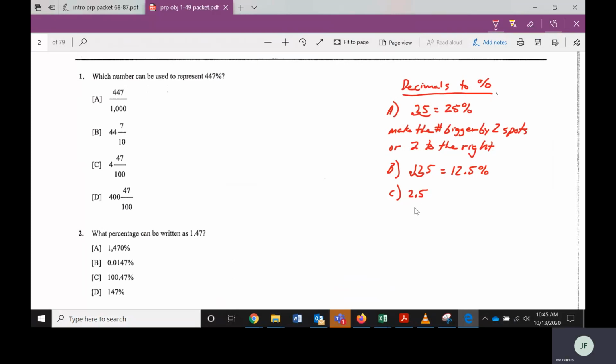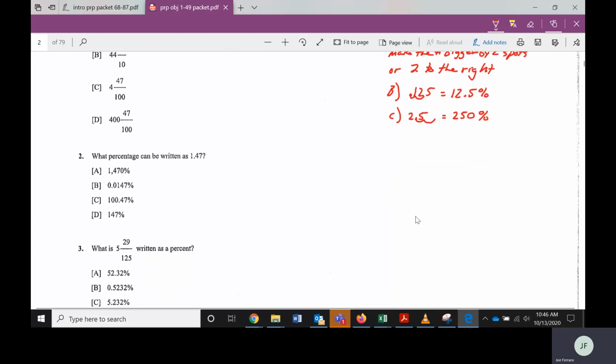Follow those same rules. Now there's not another number over here, but you still go 1, 2, and so you'd have 2, a 5, and then if there's any open spots, the 0 needs to go there. So 2.5 is actually 250%.